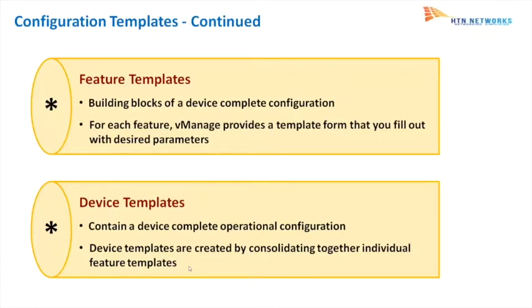So I fill up the form and save it on vManage. Once you have created all the different feature templates, then you create a device template by combining all those individual feature templates. A device template is a complete operational configuration of a device, and device templates are created by consolidating all individual feature templates.